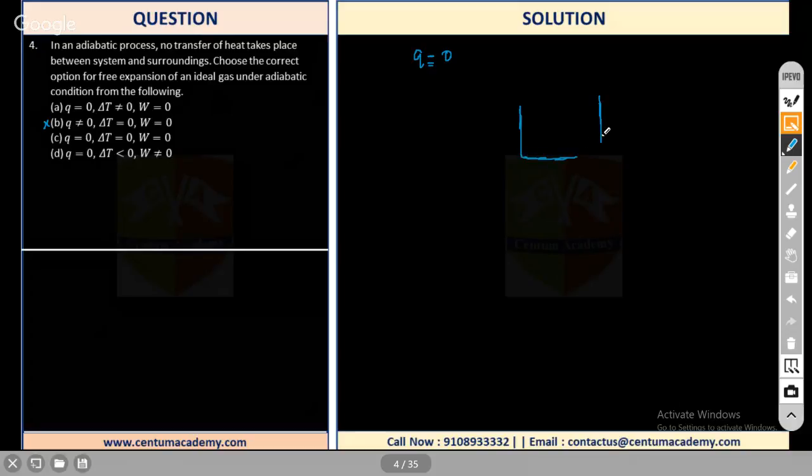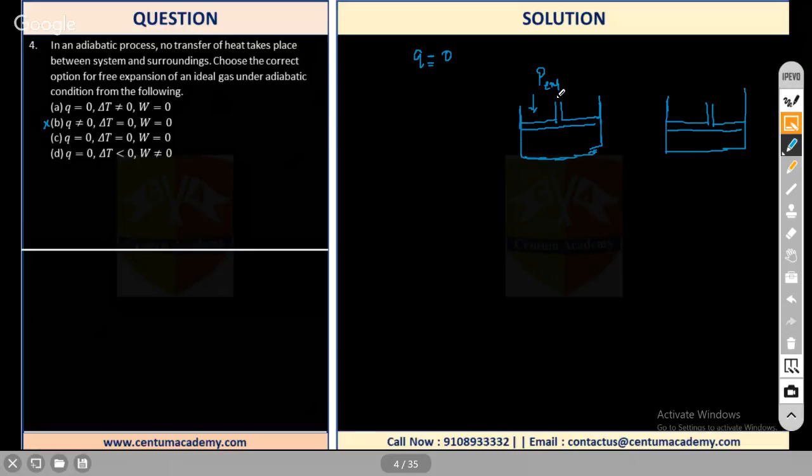Suppose you have a piston cylinder system, right? Now suppose here the external pressure P external we have something, right?